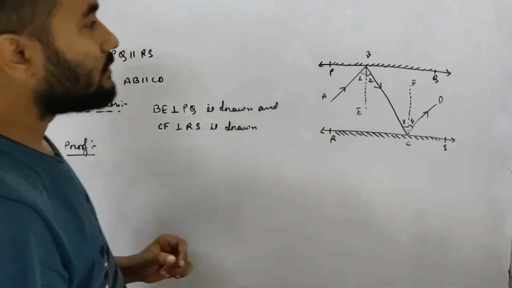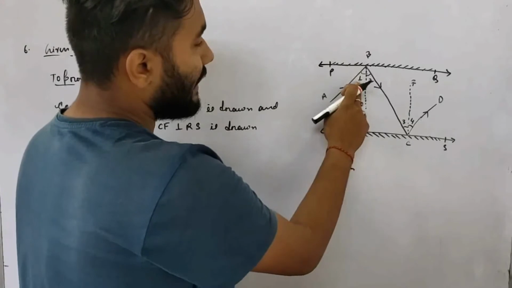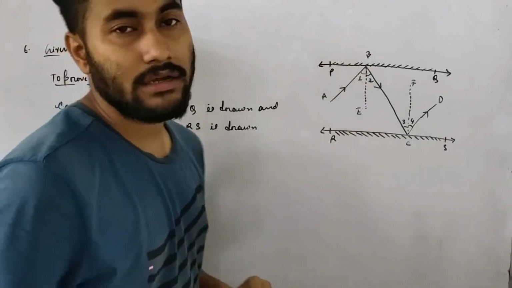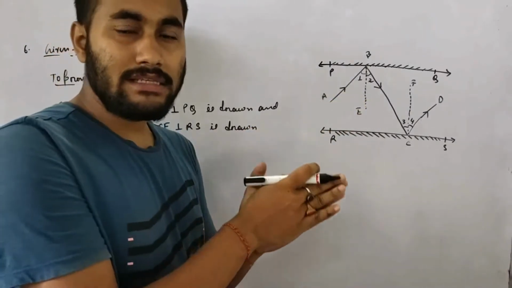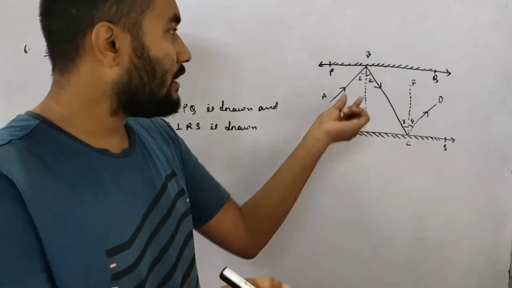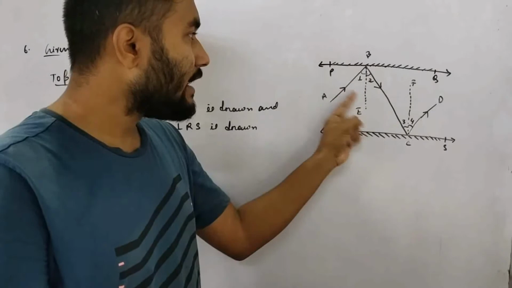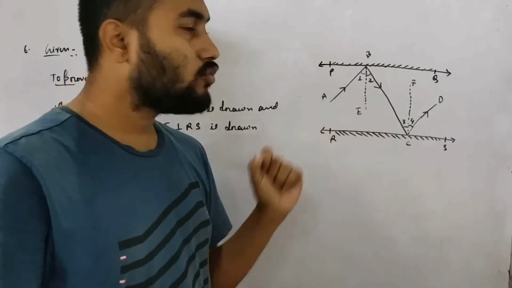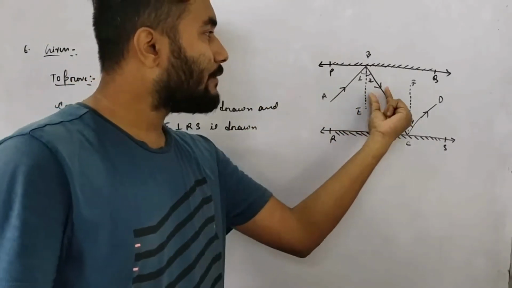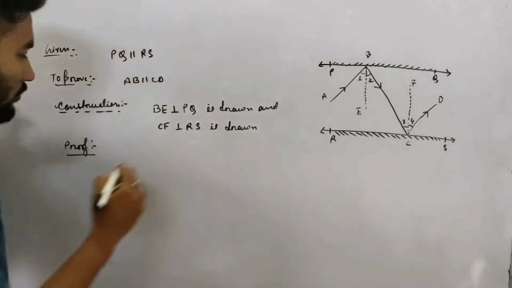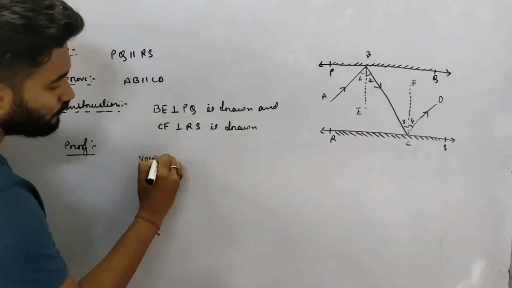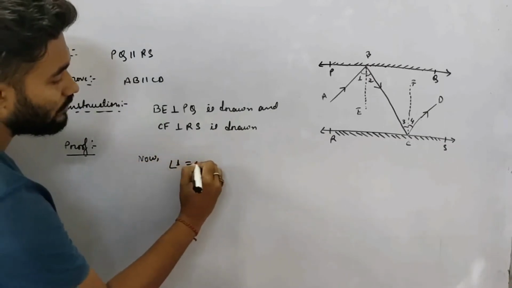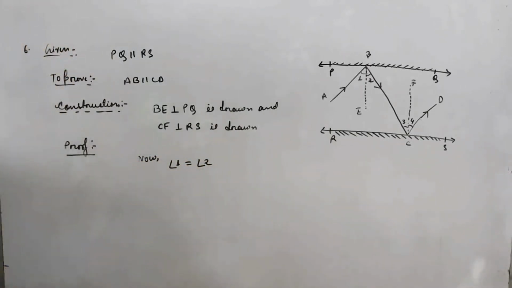Okay. So now angle 1 and angle 2 will be what? This is the incident ray. So angle 1 is the angle formed by the incident ray along with the normal. This angle is between the incident ray and normal, and angle 2 you see is between normal and the reflected ray. So I can say that now, proof: angle 1 will be equal to angle 2. Understood?